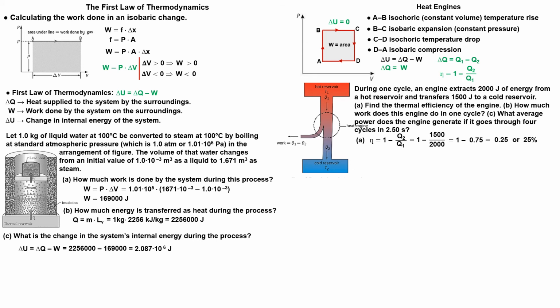To calculate the work this engine does in one cycle, subtract Q2 from Q1. To calculate the average power output of the engine, we multiply the work done per cycle by 4 and divide by time.